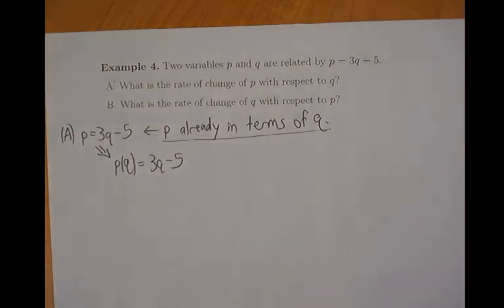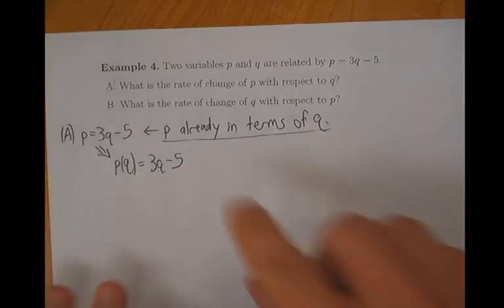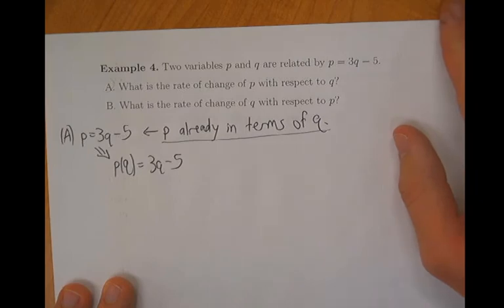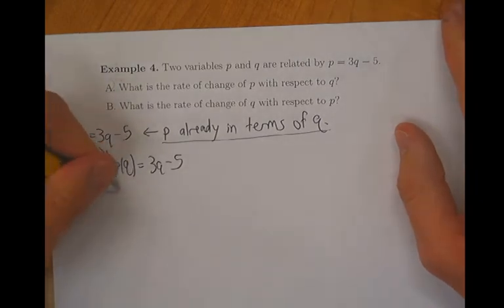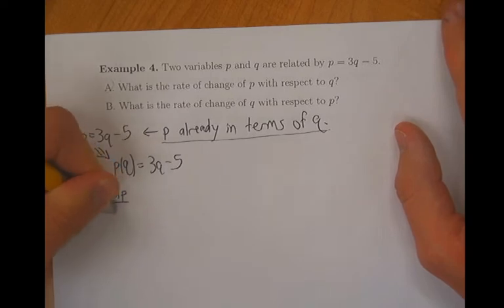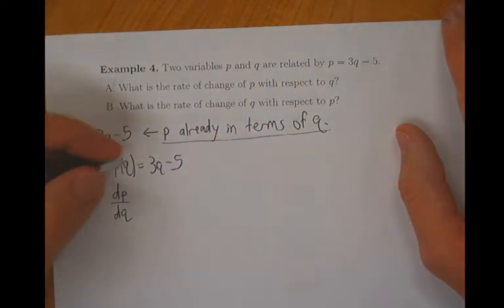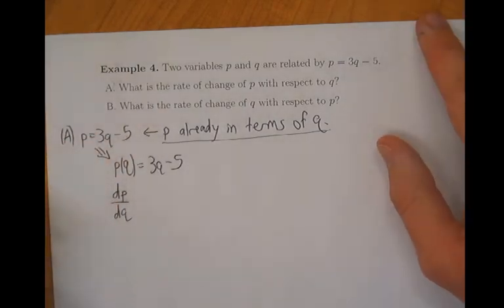So what that says is that, all right, if we're trying to find the rate of change of p with respect to q, then all we need to do is find the derivative of p with respect to q. So that's all that question is asking.